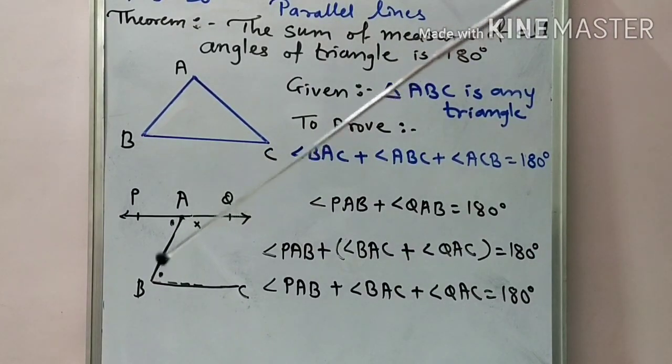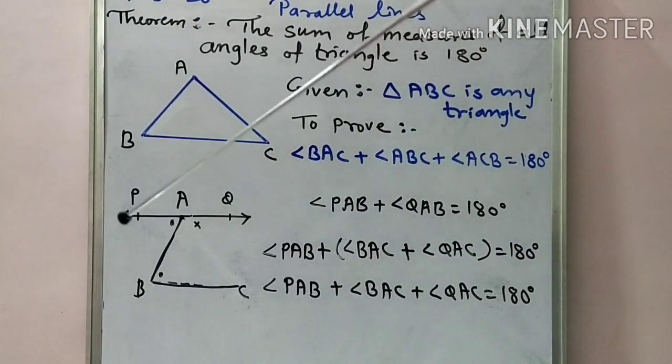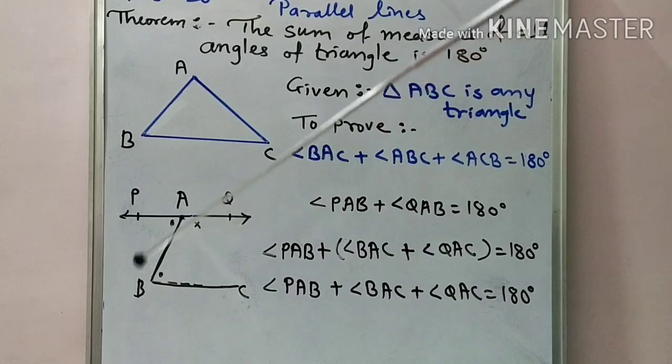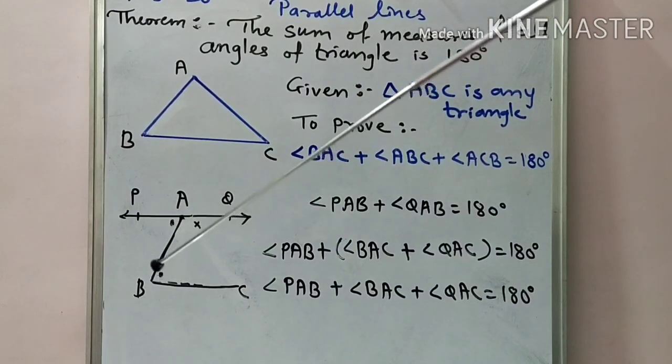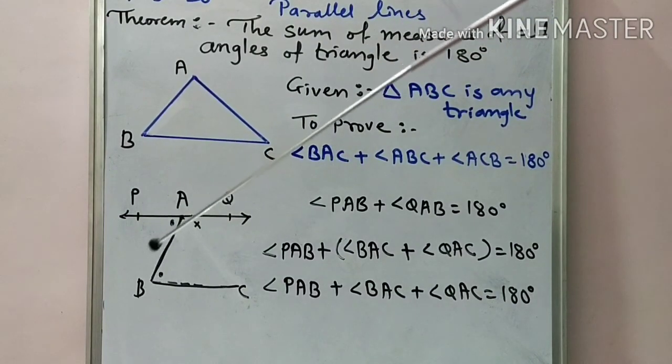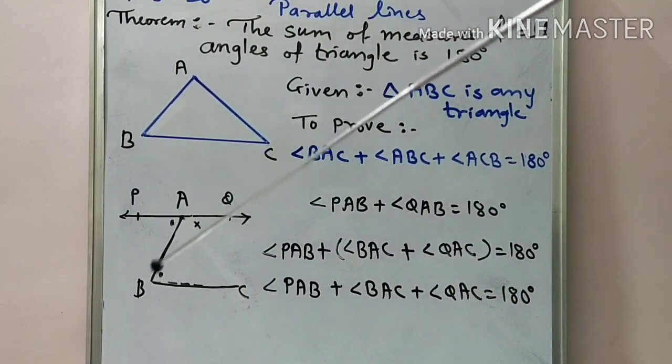Yes, alternate interior angles, and if lines are parallel, then the angles formed by the transversal which are alternate angles are congruent. So we replace PAB as ABC.